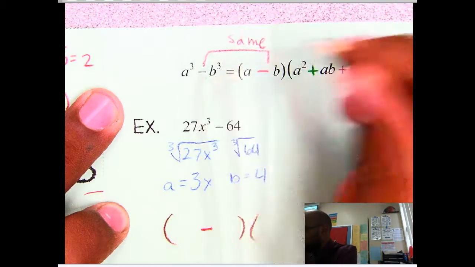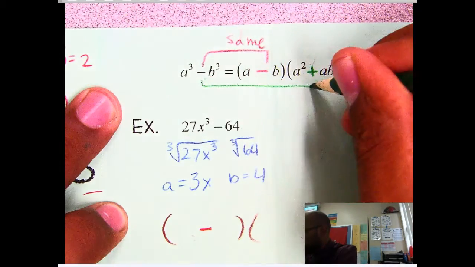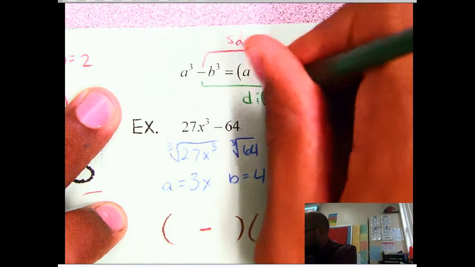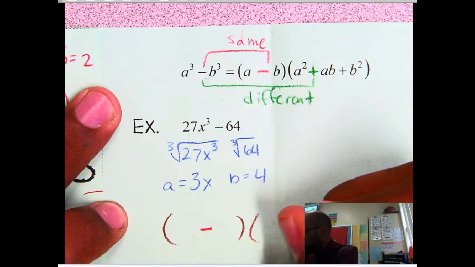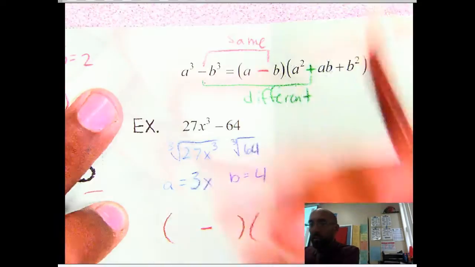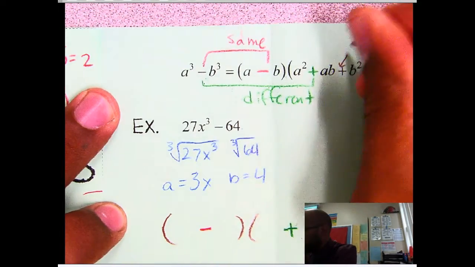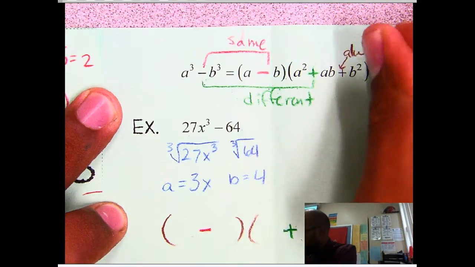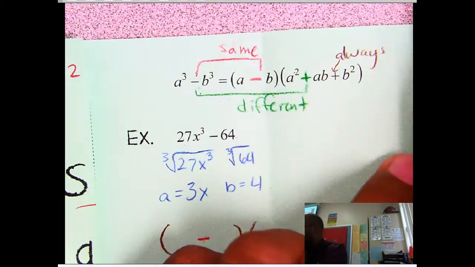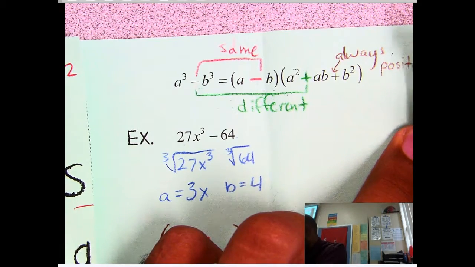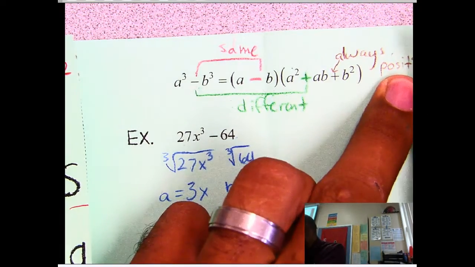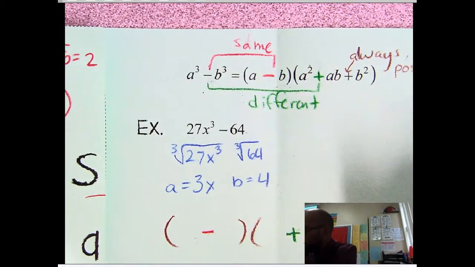So if that's minus, this is plus. It's always the opposite. So I'll have plus here. And remember I told you the last one is always positive, so we're going to have plus here.